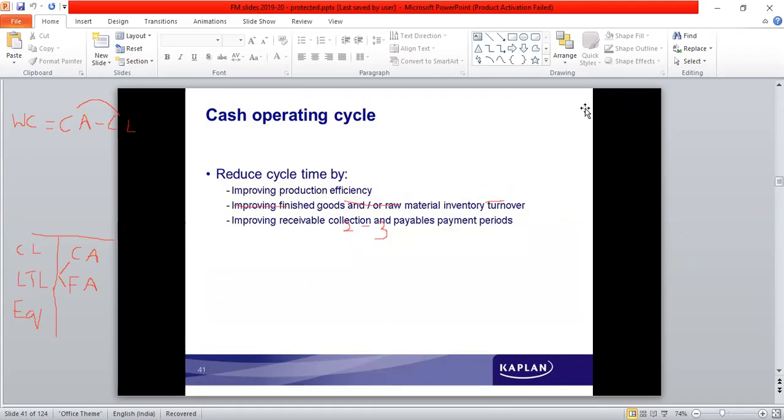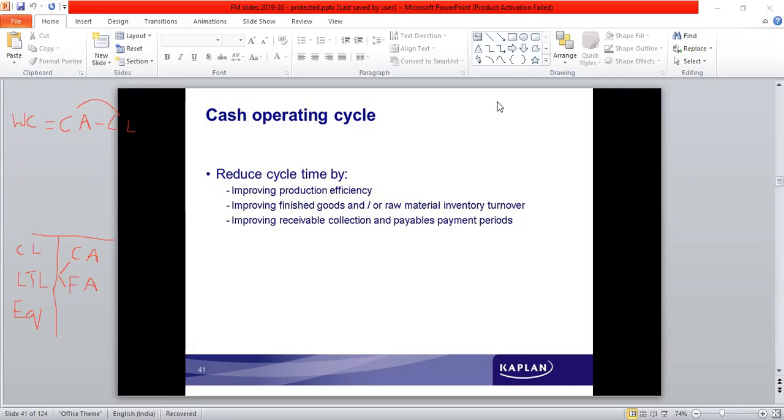What are the ways in which the operating cycle can be reduced? So when we look into that, one way is to quickly convert the inventory into finished goods. So put every effort to ensure that there is efficiency in production, so their raw material gets converted into finished goods, and after they get converted into finished goods, effort should be put in to sell them as quickly as possible.